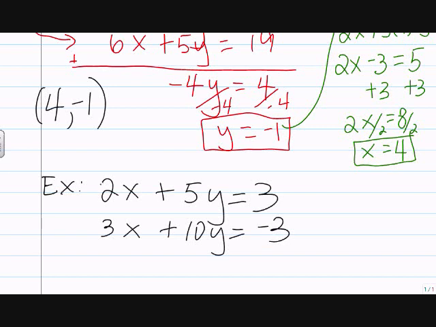Alright, so now I look at the numbers in front of the x. 2 and 3. Is there a whole number I can multiply 2 by to get 3? Nah. Look at the coefficients for the y's. 5 and 10. Is there a whole number that I can multiply 5 by to get 10? 2.